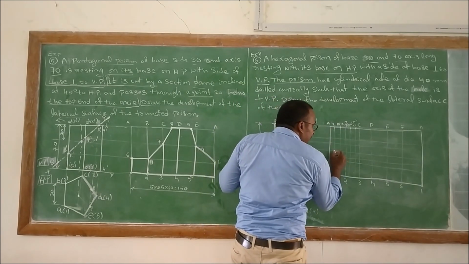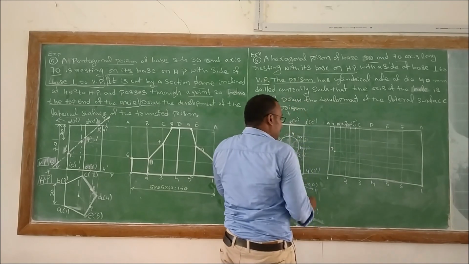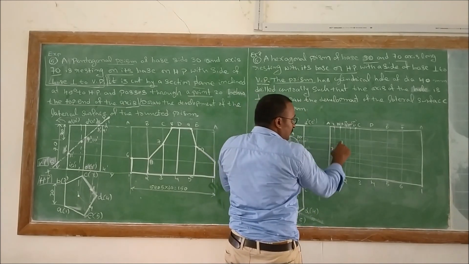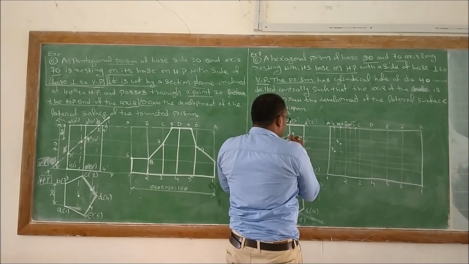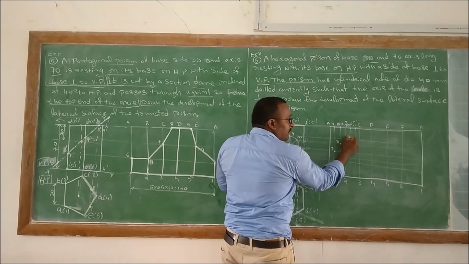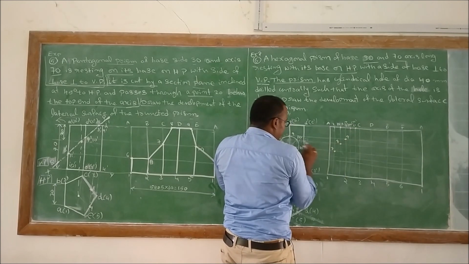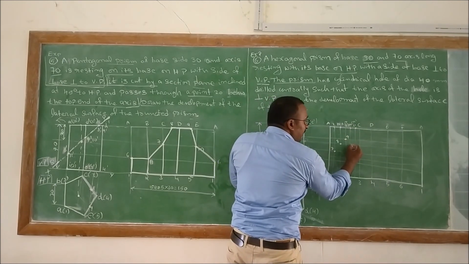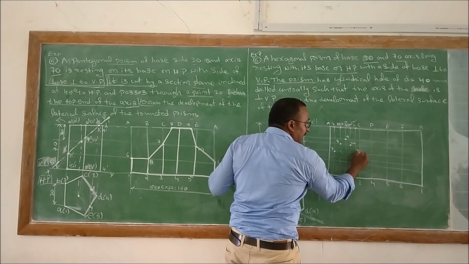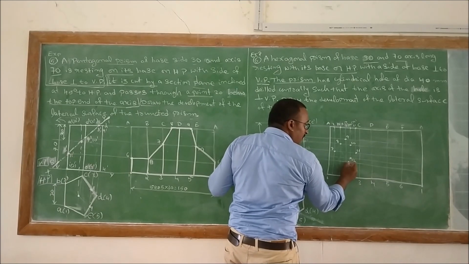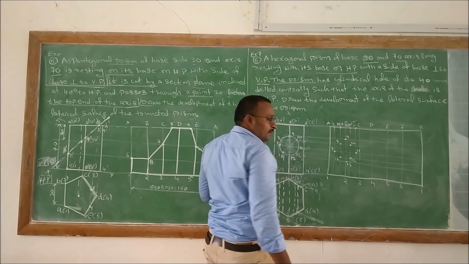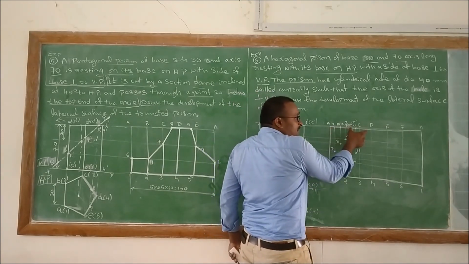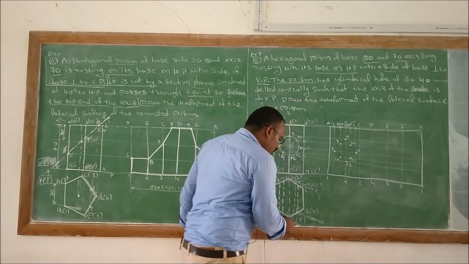The intersecting point will be 7, and then 8 intersecting point will be 8, 9 will be 9, 10 will be 10, 11, 12, 13, and finally 14.